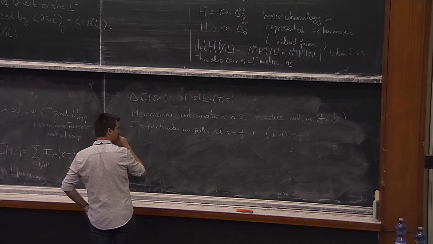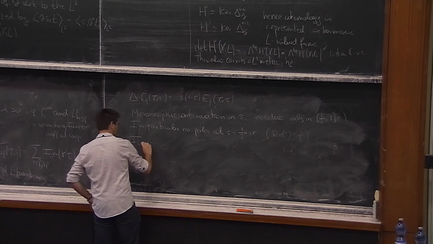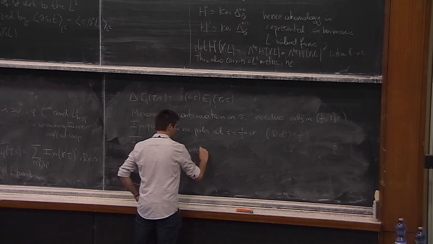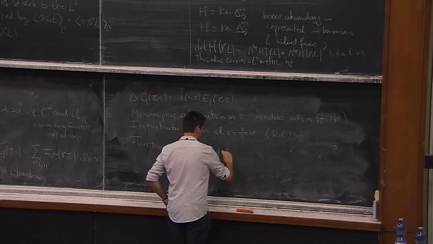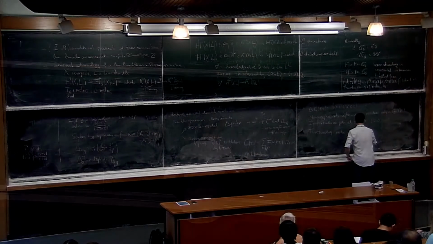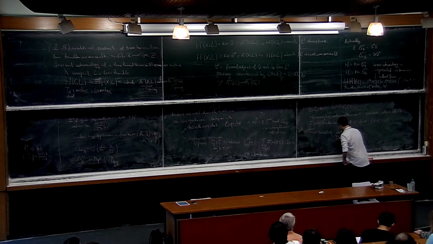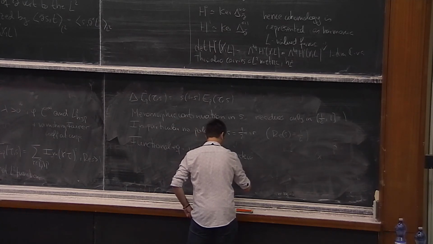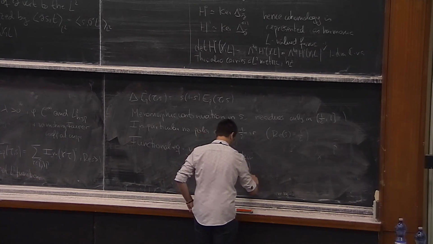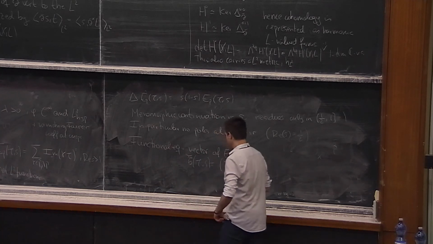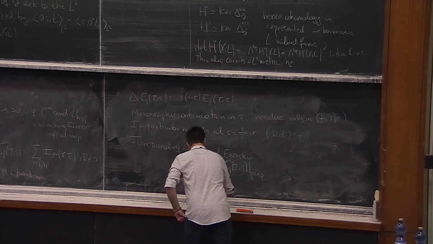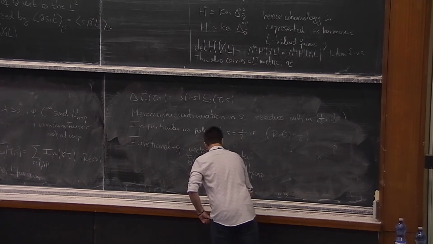What else I wanted to say? Functional equation. So you define a vector of Eisenstein series by putting all the Eisenstein series in a vector. And then for this vector of Eisenstein series, there is a functional equation relating the value at 1 minus s with the value at s.